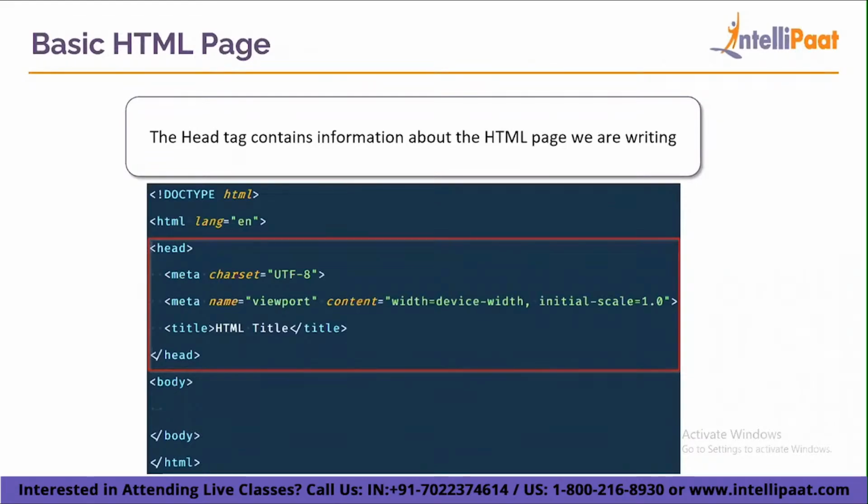So here I have meta charset equals UTF-8. This UTF-8 is nothing but an encoding method which is used to convert all the typed characters into machine readable format. It's like a pseudonym or a surname.